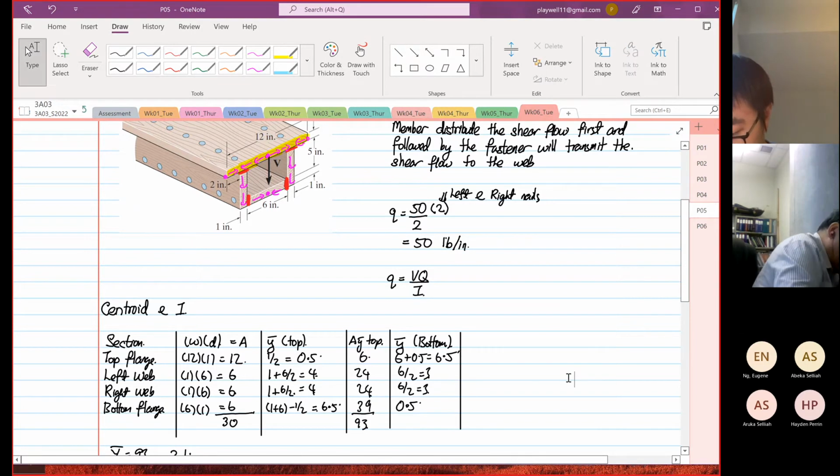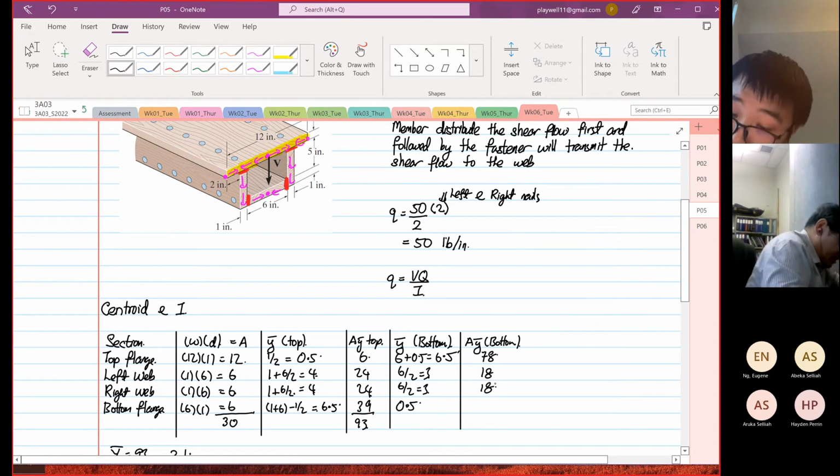Then you calculate your A Y bar bottom, right? So you have 12 times 6.5 is equal to 78. 3 times 6, you have 18 twice, left and right. And then you have 6 times 0.5, which is 3.